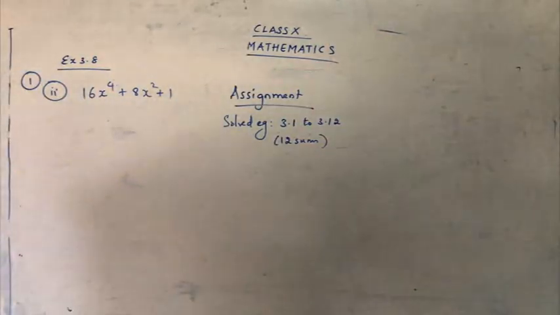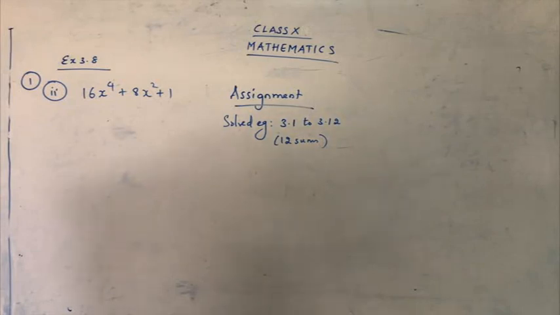From 3.1, then we have 3.2, then 3.3 on page 89, 3.4 on 90, 3.6, 3.7 on 91, 3.8 on 92, 3.9 on 93, 3.10 on 95, and 3.11, 3.12 on 96.